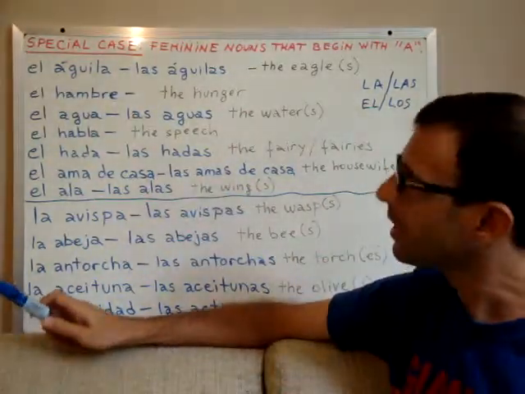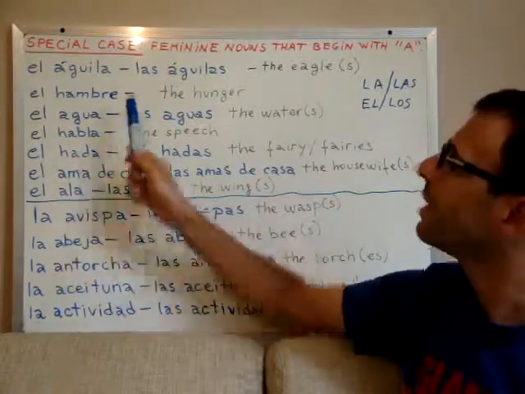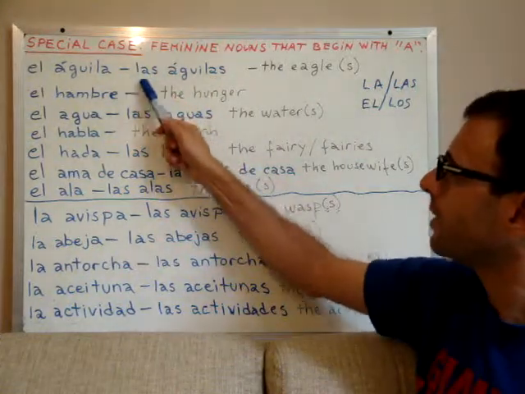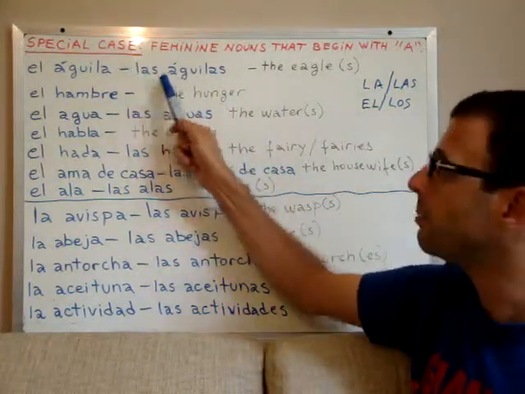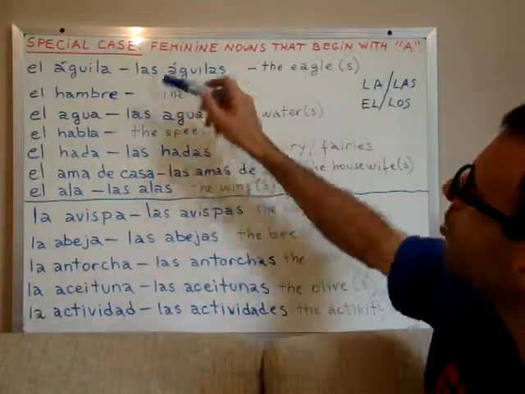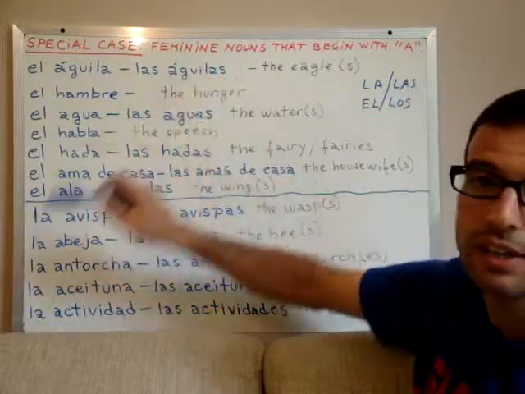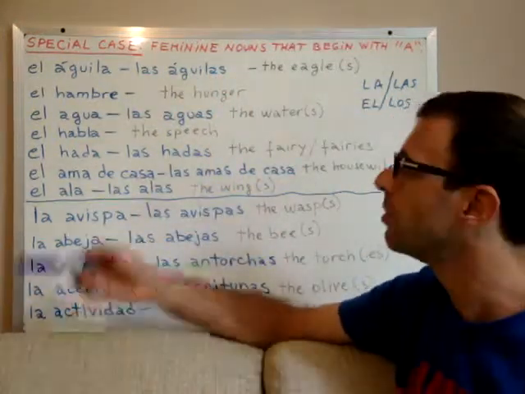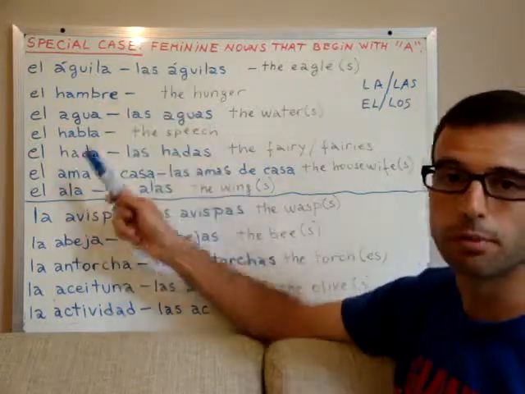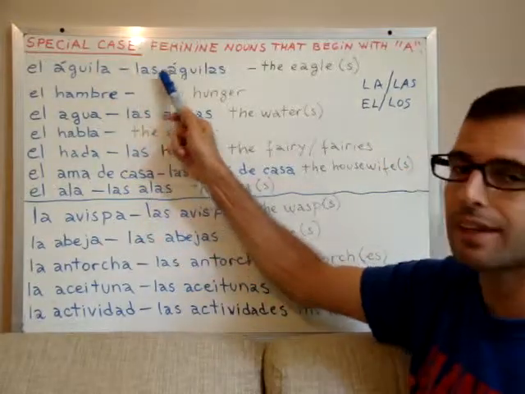But when we say it in the plural, the eagles, las águilas, we use the feminine article that corresponds, because águila is a feminine word. Since we have the S of the plural in between the two A's, it doesn't sound awkward, so we go back to the feminine article for the plural. So it is el águila and las águilas.